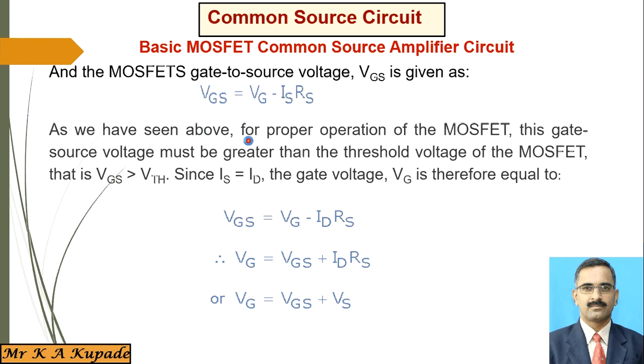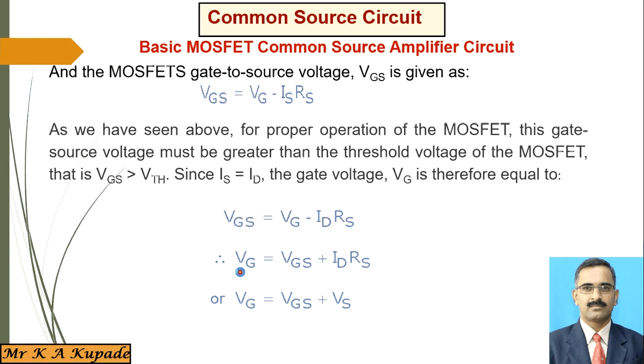As we have seen about the proper operation of the MOSFET, the gate source voltage must be greater than the threshold voltage. That is, VGS should be greater than VTH. Since IS is equal to ID, VGS is equal to VG minus ID into RS.